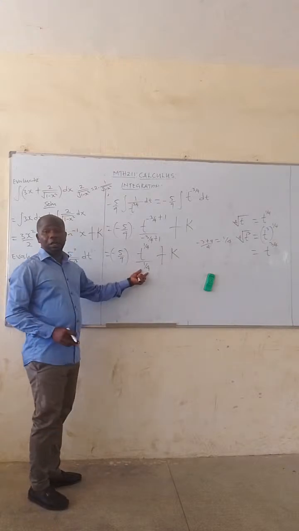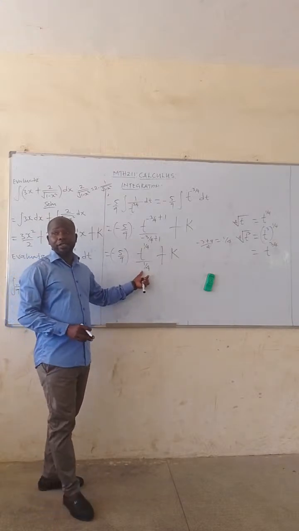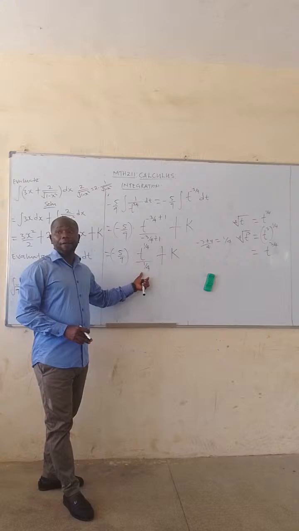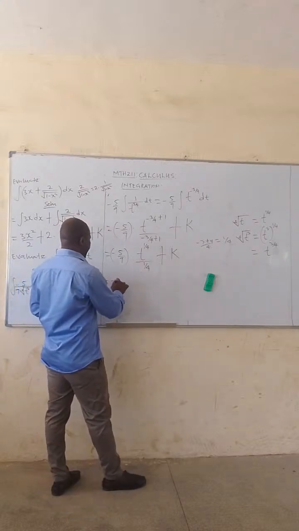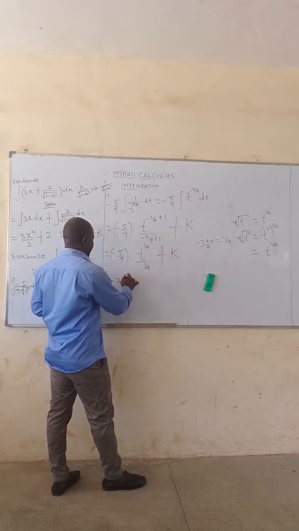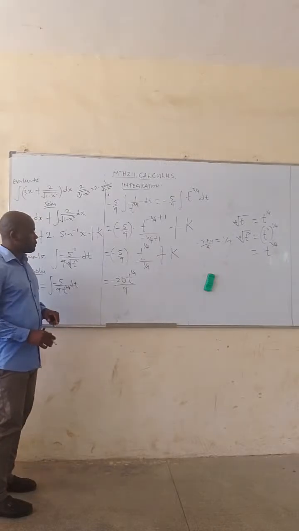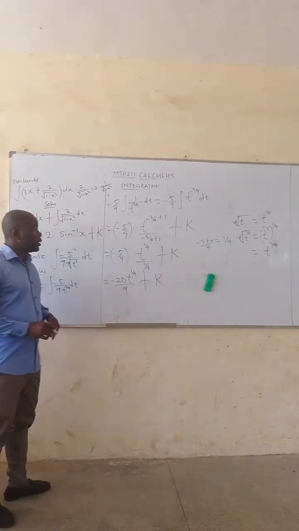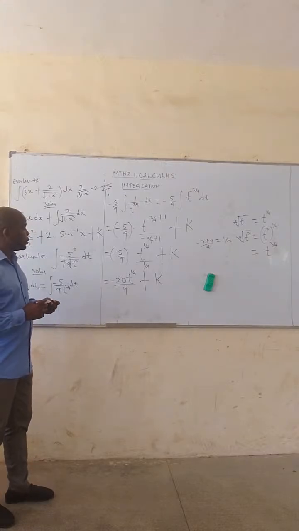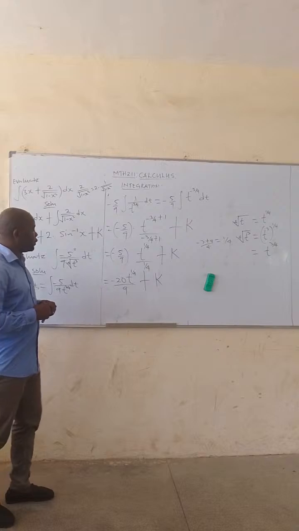You can stop here, or if you can see what we are seeing, here will be minus 20 t raised to the power of 1 all over 4 all over 9, plus k. True or false?